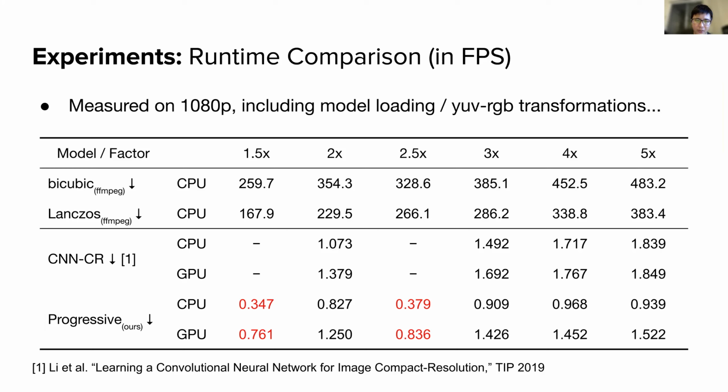On the other hand, the two CNN models were quite slow. They were around 1 frame per second, even with the speedup from GPU. Another interesting thing is that our model was extremely slow on 1.5x and 2.5x. This is because of the downsample by 2 in the preprocessing network, where the pixels to be processed were doubled.